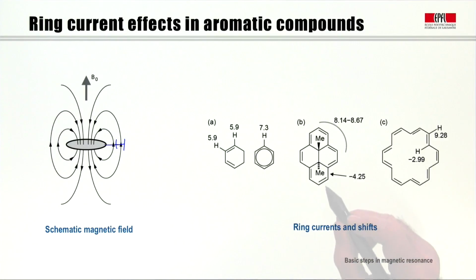A more spectacular example here: this molecule is a rather contrived piece of chemistry. It was made in the days when people were trying to find extremes of the most de-shielded or the most shielded compound, and the most important part of it is that this methyl group is just above the aromatic ring.